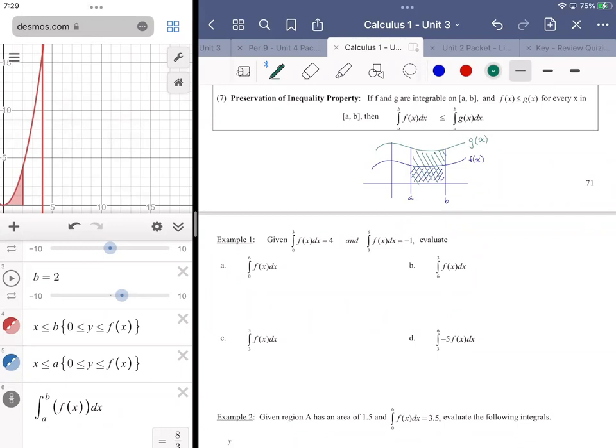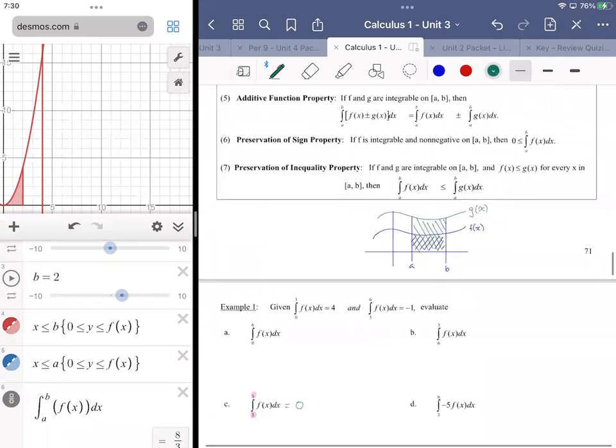For example, jumping right to C, the bounds of integration are the same. Doesn't matter what the function is, that's going to be equal to 0. You haven't moved horizontally. Your delta x value is equal to 0. So there's nothing there. That's a nice one.